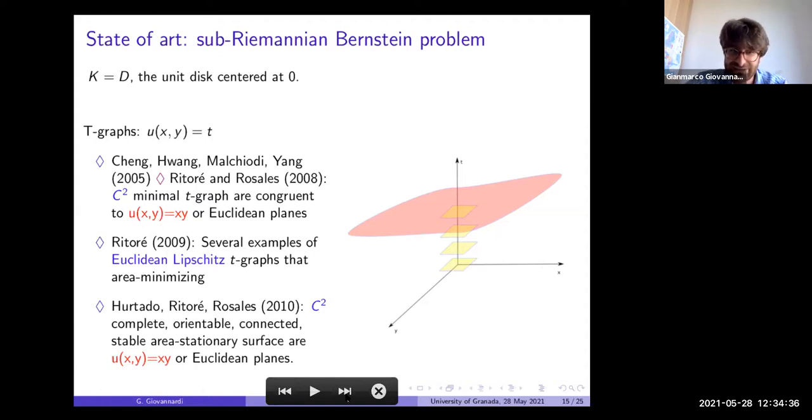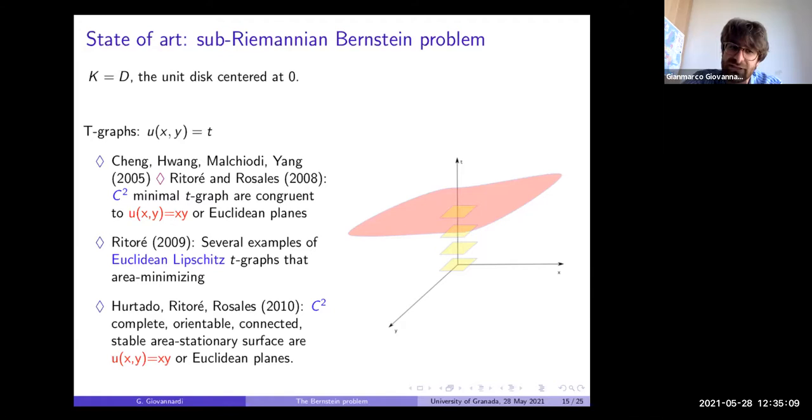In the sub-Riemannian setting, we have to distinguish between two types of graphs: t-graphs, which are graphs defined on the xy plane, and intrinsic graphs, which are defined on, for instance, the xt plane. These are really different, because with a t-graph you can also have singular points in the graph, but with the notion of intrinsic graph, you cannot have singular points.